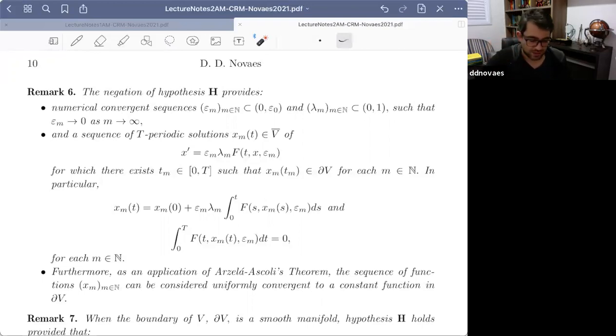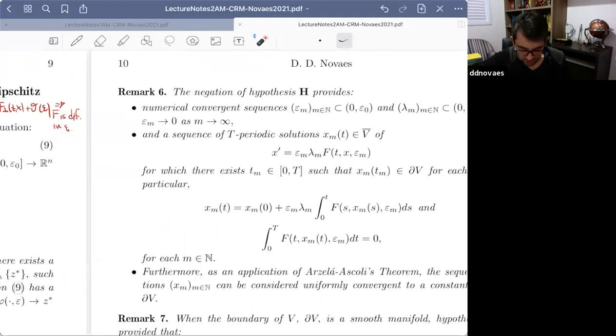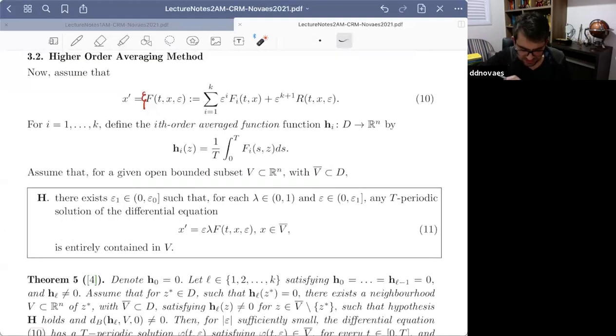So let me state some things that we get when we assume that hypothesis H is not satisfied. Hypothesis H says that for each lambda in [0,1] and epsilon in (0, epsilon 1), any T-periodic solution of this difference equation belonging to the closure of V must be entirely contained in V.